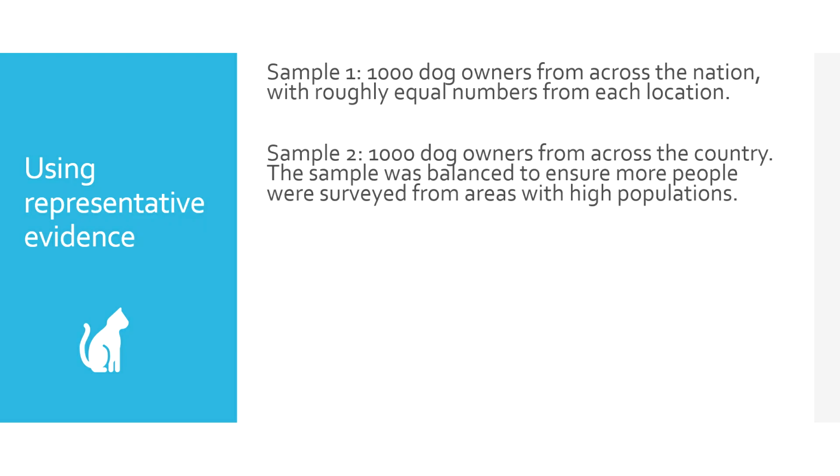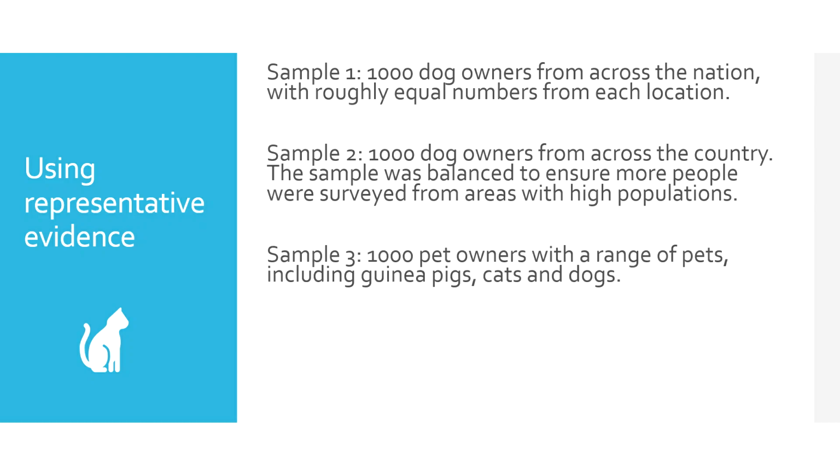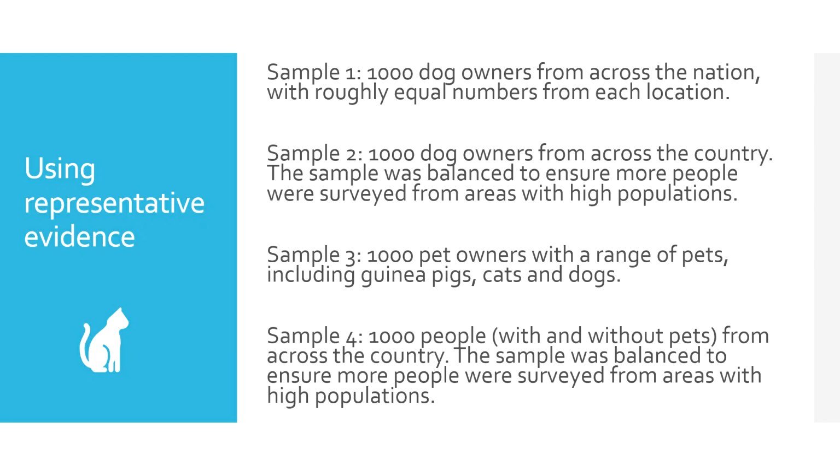Sample 2, 1,000 dog owners from across the country. The sample was balanced to ensure more people were surveyed from areas with high populations. Sample 3, 1,000 pet owners with a range of pets, including guinea pigs, cats and dogs. And the final one, sample 4, 1,000 people with and without pets from across the country.